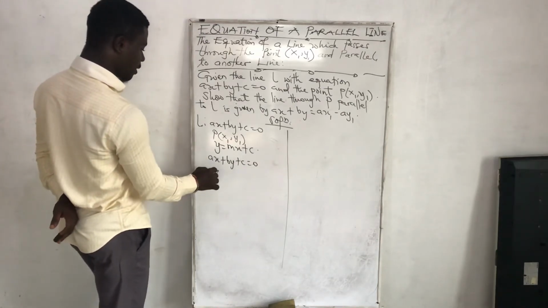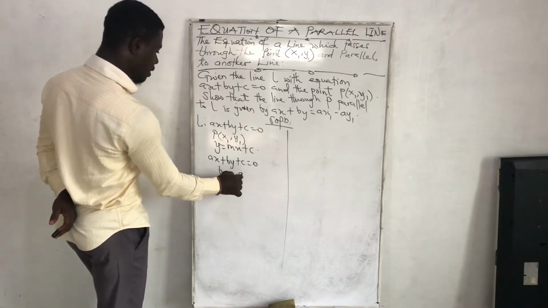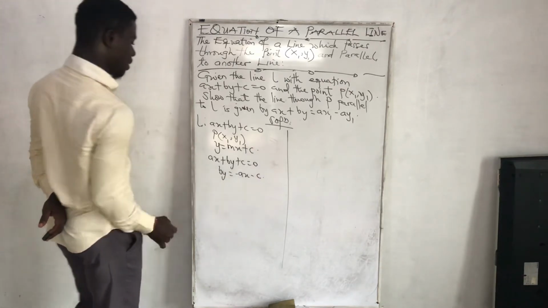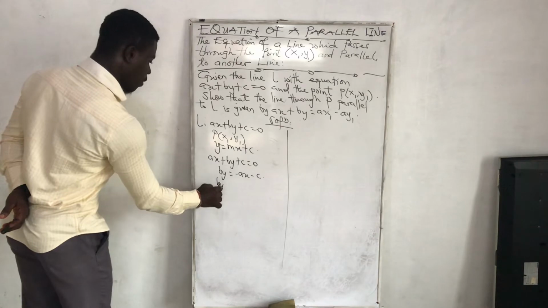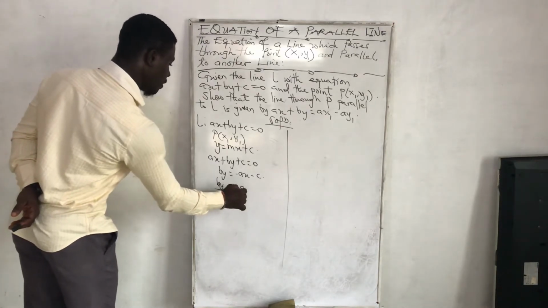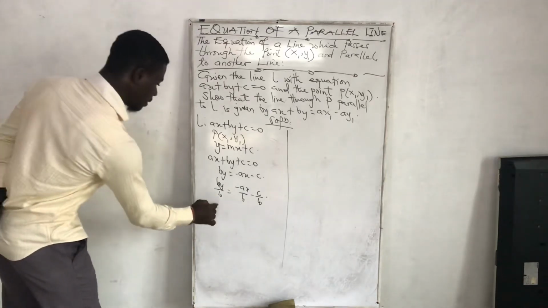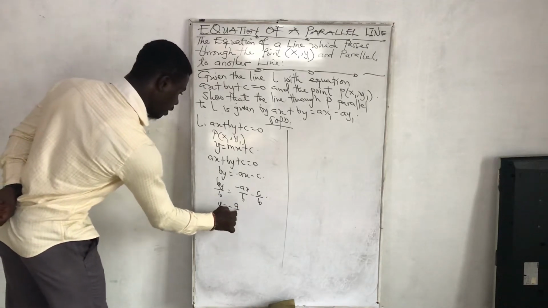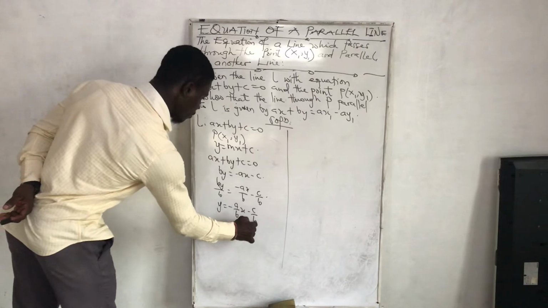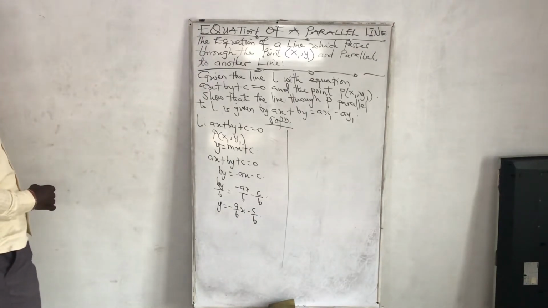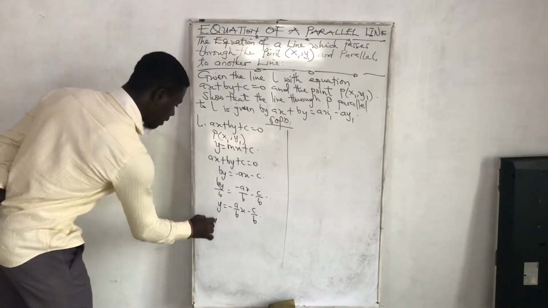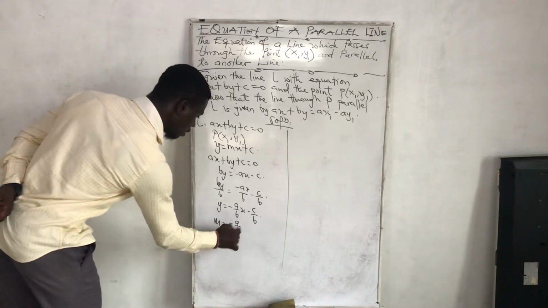I can make y the subject, so by equals negative ax negative c. So by on b equals negative ax on b, then minus c on b. So y equals negative a on b x minus c on b. Now we have our gradient. Our gradient is negative a on b.